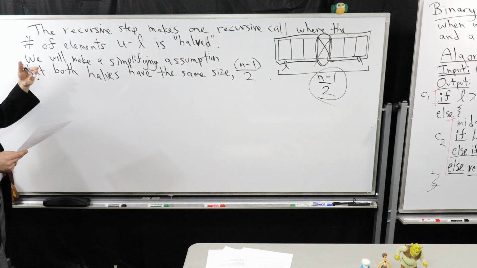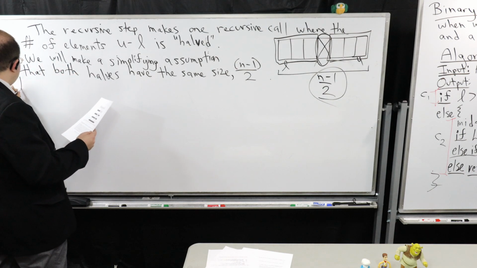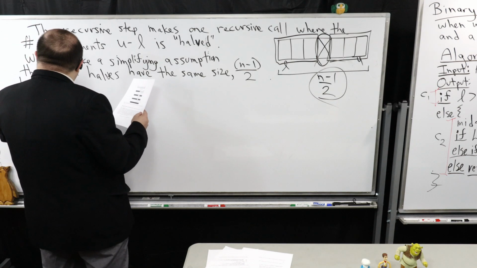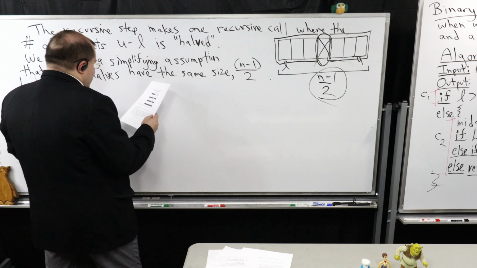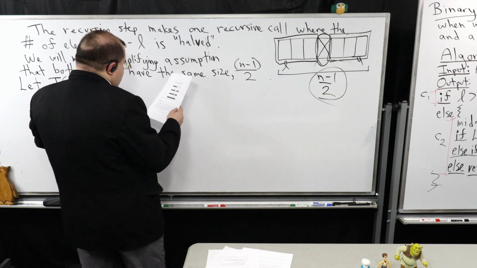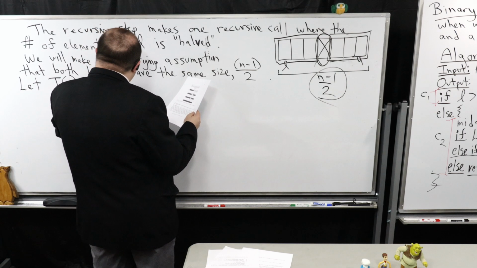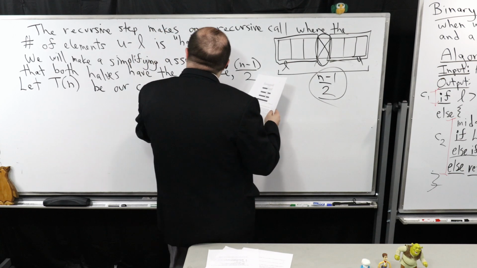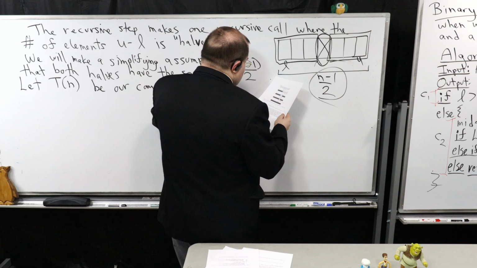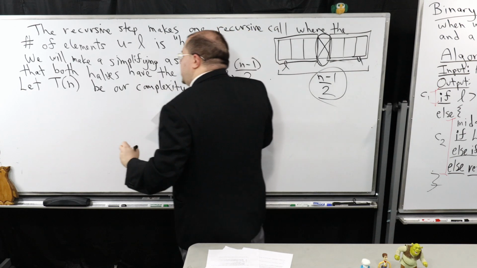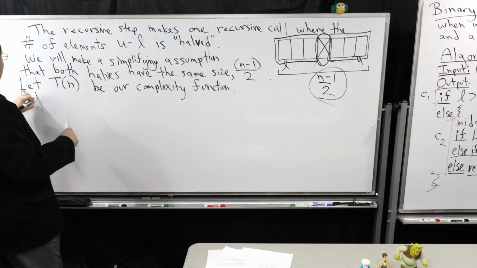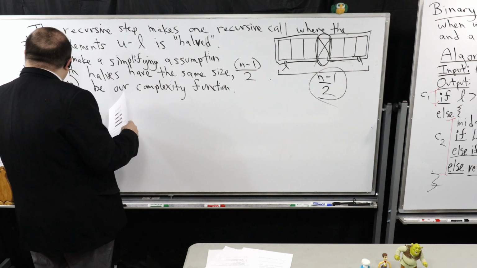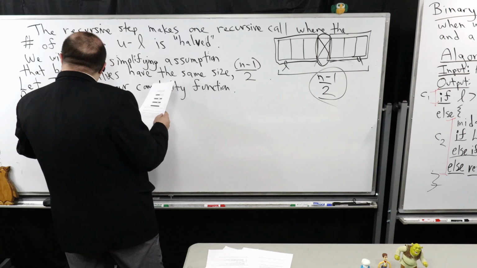It just makes our analysis a little bit easier to play through. There are some other properties I could use, but I want to save you some time here. Now I'm going to define a complexity function. Let t of n be our complexity function. Putting all this together, remember I talked about the constants when I was ignoring the recursion.